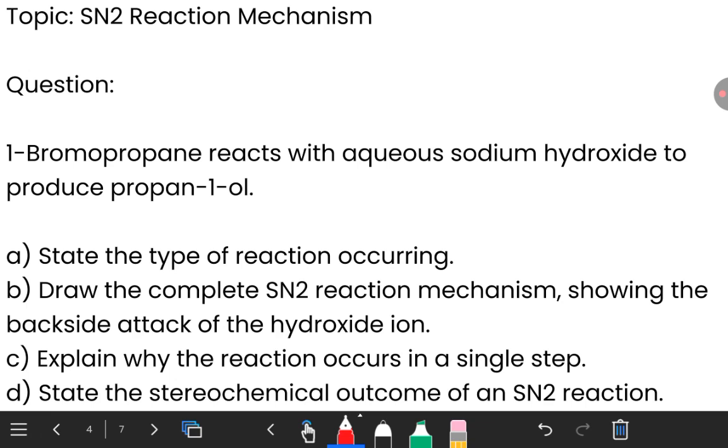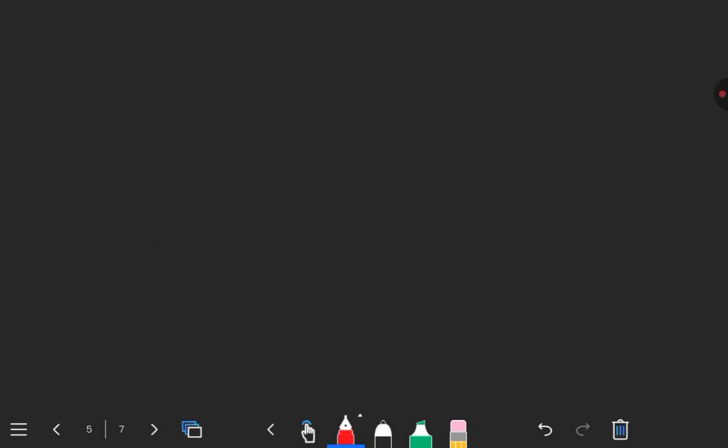So the answer to this question is that the bond formation between the nucleophile and the carbon occurs at the same time as the bond breaking between the carbon and the bromine, which is a leaving group. There's no carbocation intermediate formed. So for that reason, it is able to occur in a single step. That is the answer we must give there.